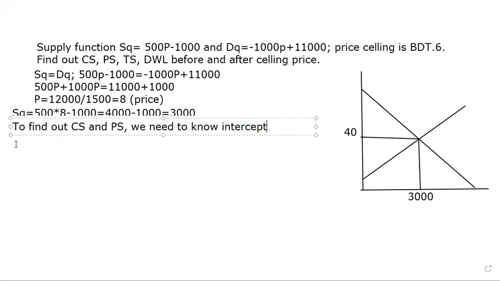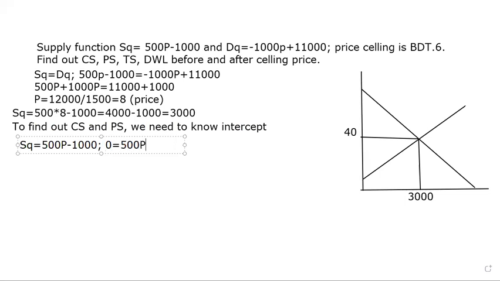So 0 equals 500P minus 1000. We move the value to the other side, then P equals 1000 divided by 500, which is 2. So the supply intercept is 2.